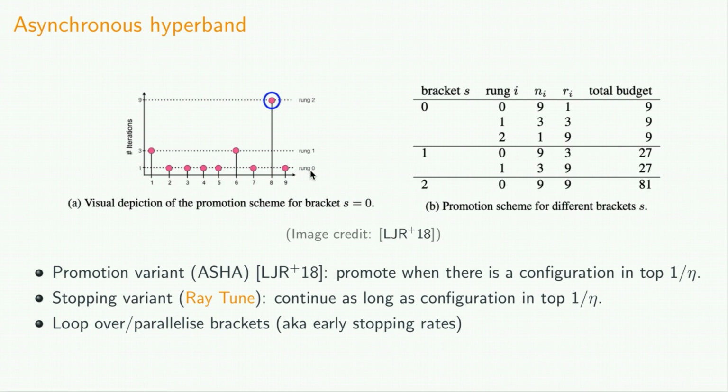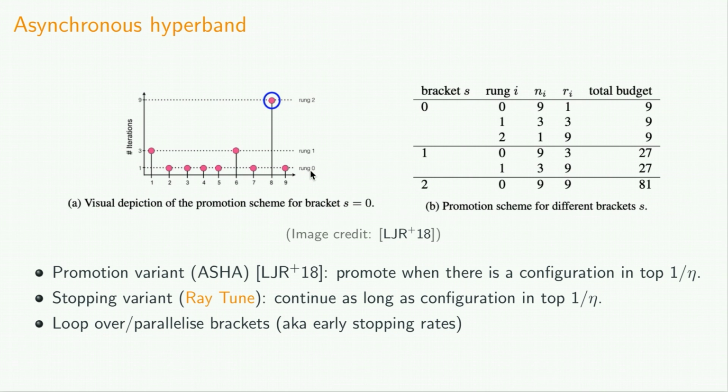Assume we have a fixed number of workers, which are running some configurations. They reach a rung level. And since they're available, they can start a new configuration, evaluate a new configuration, or if we have enough candidates that attain the rung, we can decide whether to continue and promote a configuration.